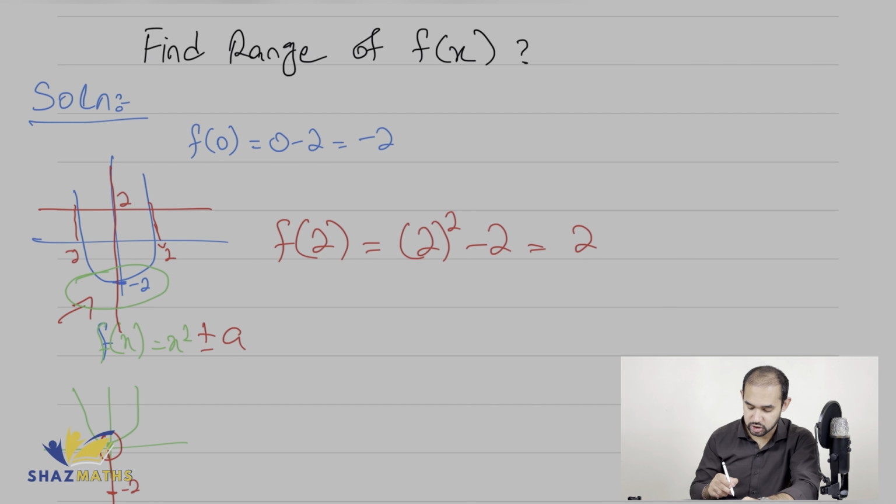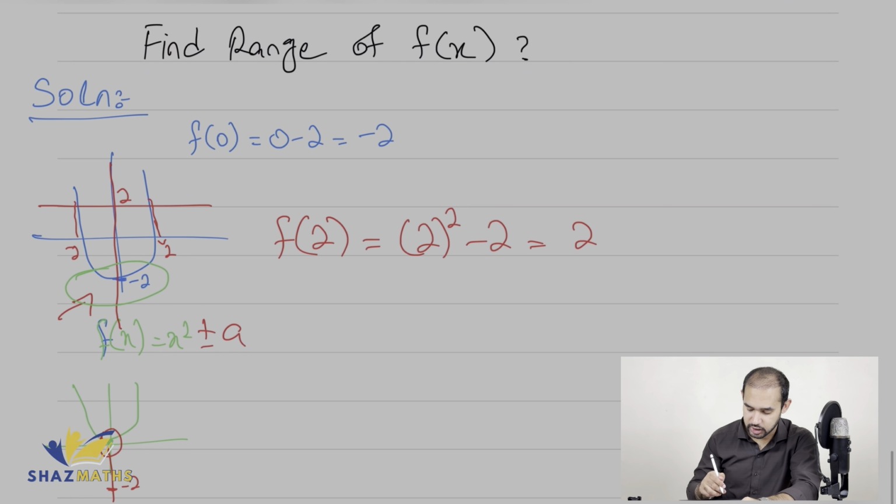Alrighty, that means the minimum possible value of the function lies at x equals 0, and that is -2. Even if we do not state that it is at x equals 0, that is fine. We should know that the minimum possible value in this case is -2.